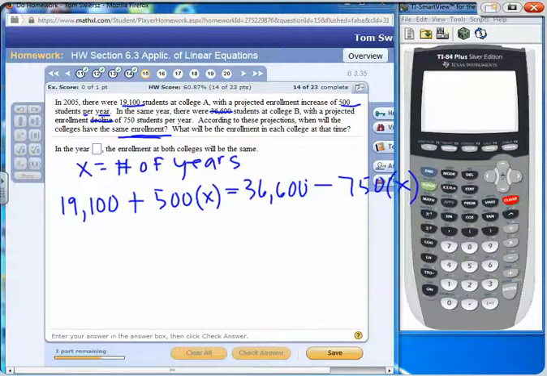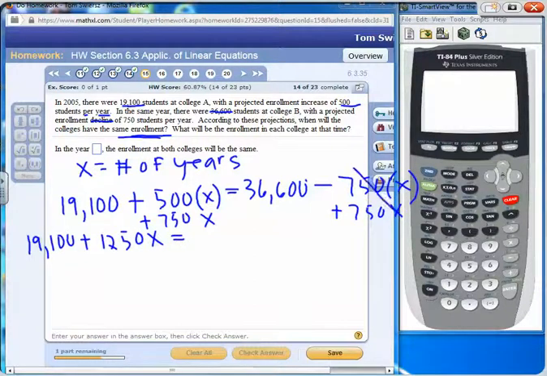What we can do now is, the X's are on one side of the equation, so we can add 750X to both sides, so that we would get 19,100 plus 500X plus 750X is 1250X, equal to, these cancel, 36,600.